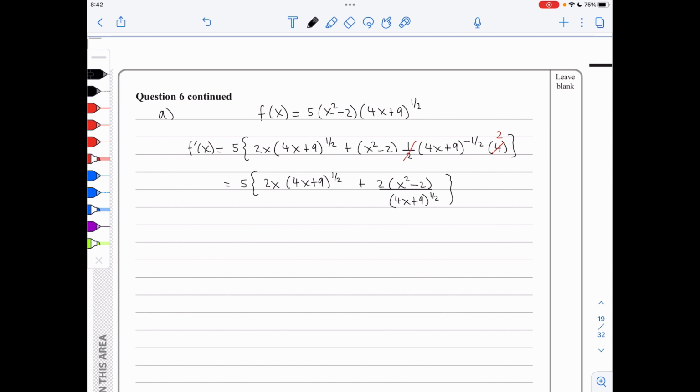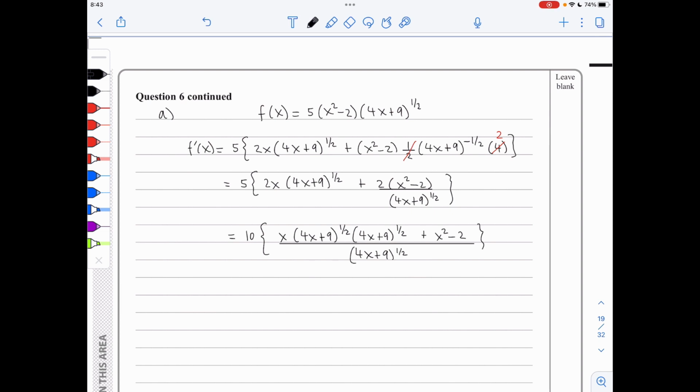Now I could express everything over a denominator of 4x plus 9 to the half. At the same time, I notice that 2 is a common factor, so that can come out, leaving me with a 10 here. And I've got x times 4x plus 9 to the half times 4x plus 9 to the half plus x squared minus 2, and all of it over 4x plus 9 to the half.